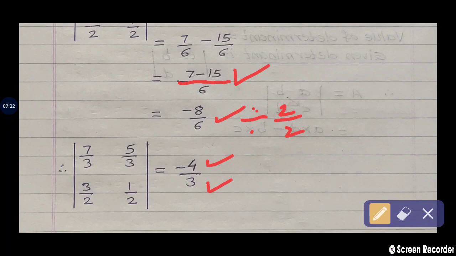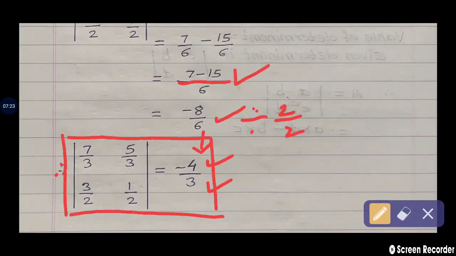We write the fraction in reduced form, because both 8 and 6 are divisible by 2. Our final answer is, therefore, the value of the given determinant is minus 4 upon 3. Did you understand how to find the value of a given determinant? Two more options remain in this question number 2; that is for your homework, which I will give in assignment number 3.